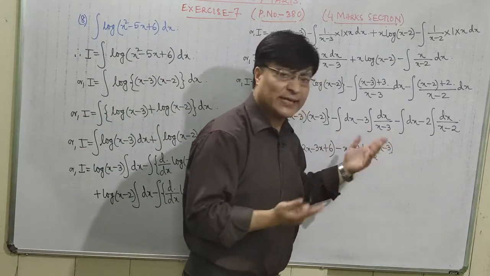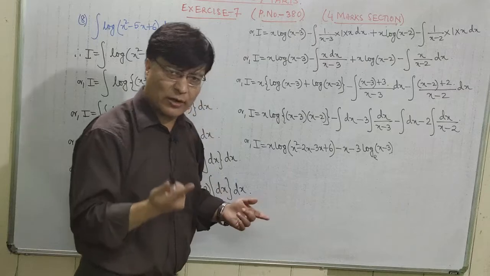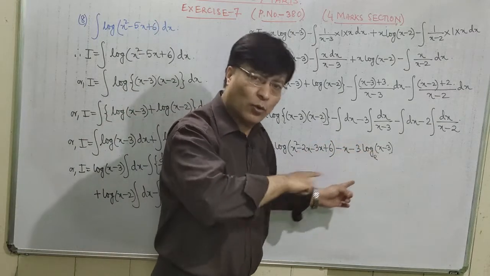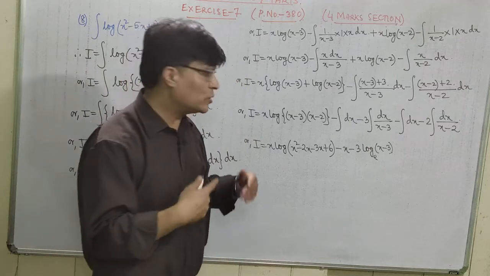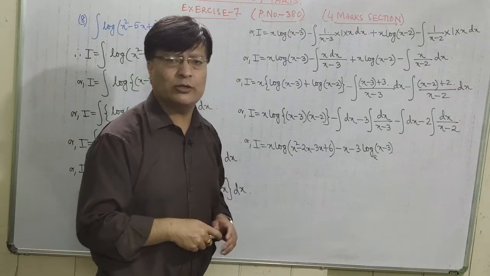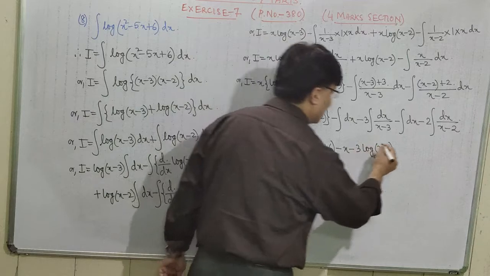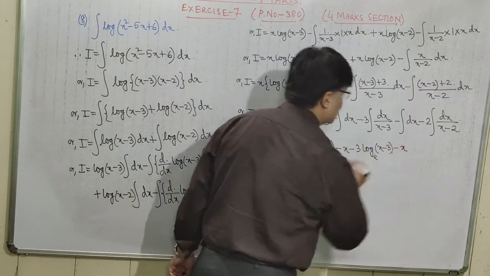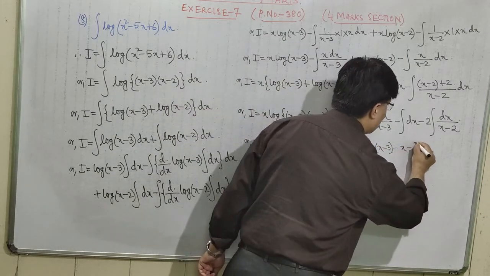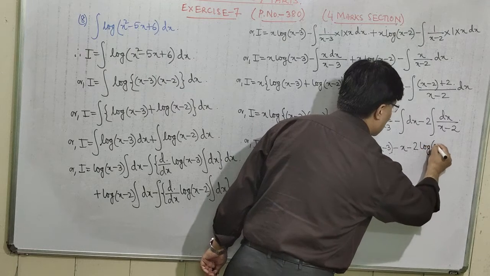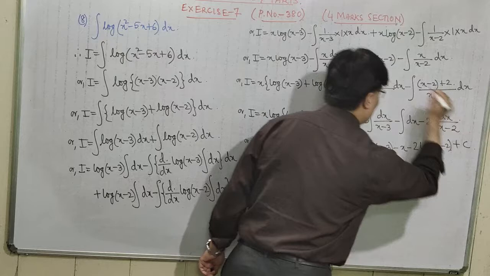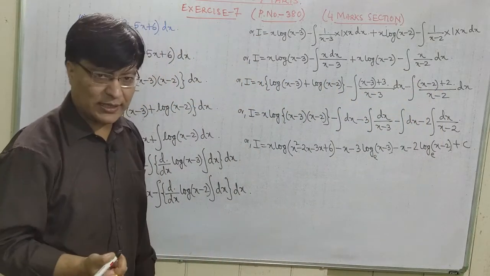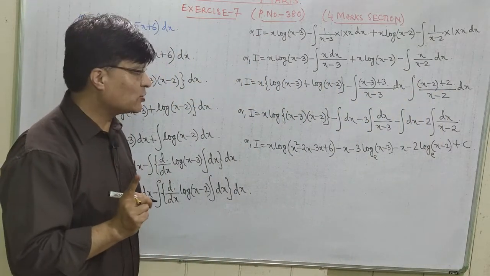So x minus 3 is taken as x. That is dx by x is log x. So it is log of x minus 3 whole divided by differentiation of x minus 3. That is 1. So since whole divided by 1 is there, you don't have to write it. Okay. So minus, what is integral sign dx? That is minus x. Then minus 2 log of, this is x minus 2. And what is the base here? Base is e. Then what do you write? Plus c. So I think you have understood it.